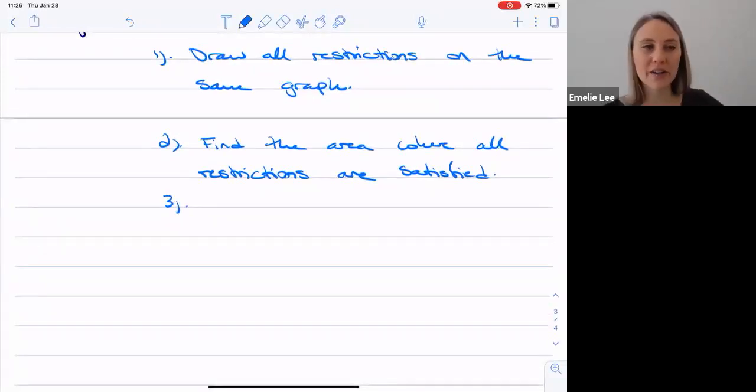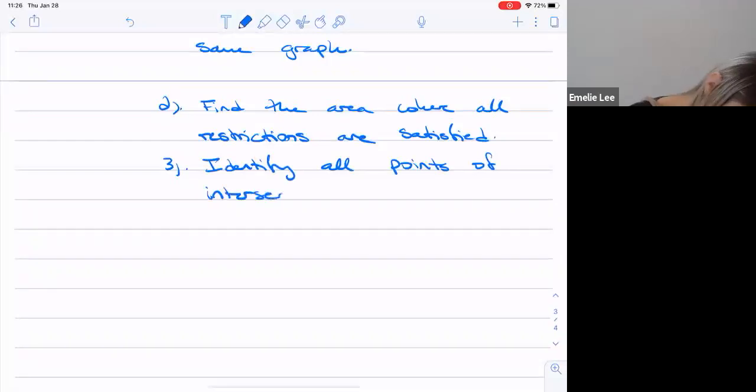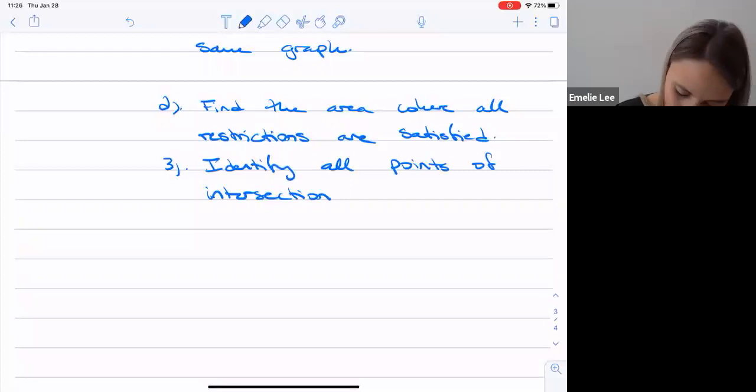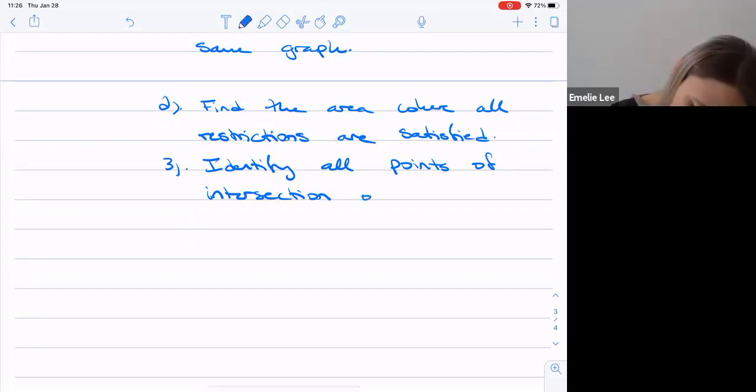So we find the area where all the restrictions are satisfied, and then identify all points of intersection of the area from step 2.